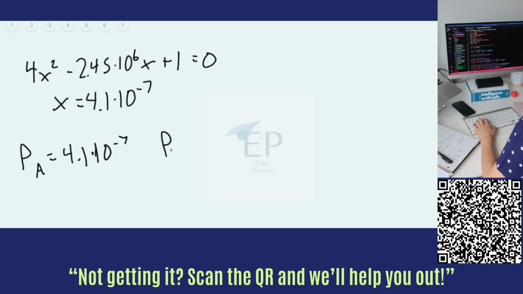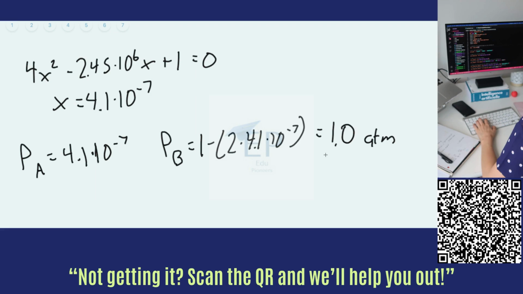And our partial pressure for B is 1 minus 2 times 4.1 times 10 to the negative 7th. And so that essentially just ends up being 1.0 atmospheres. It's actually 0 point and then about 10 nines. And so we just round that to 1.0 atmospheres.